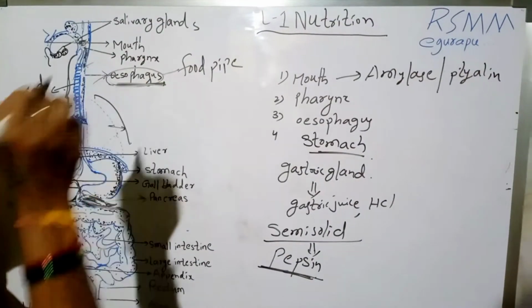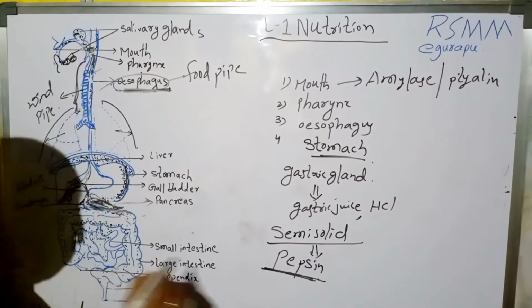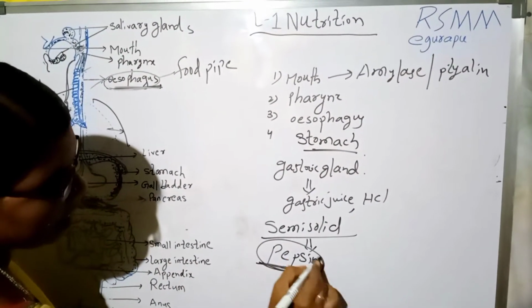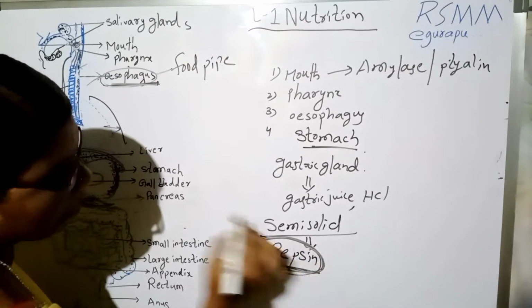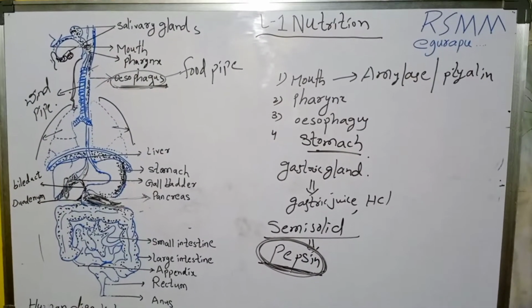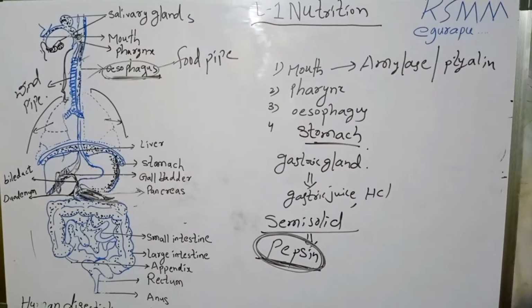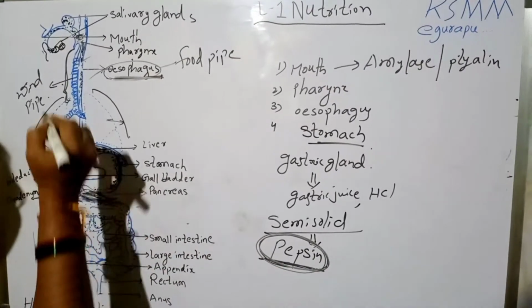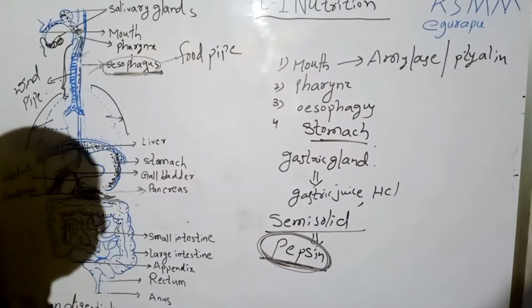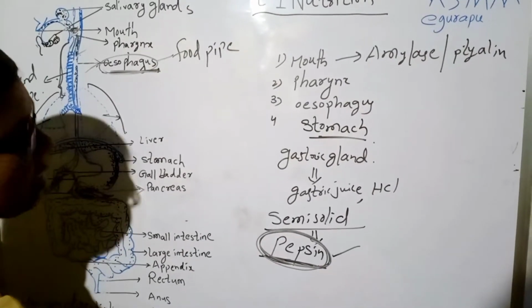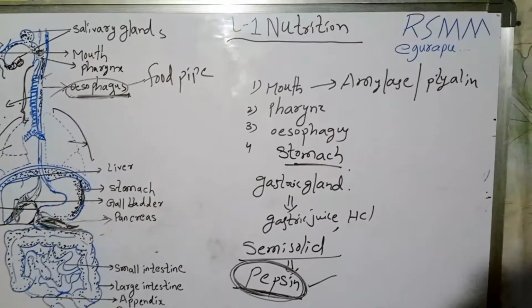And the esophagus contains no enzymes. In the stomach, one enzyme came, that is pepsin. What is the function of pepsin? The proteins which are present in food are broken down with the help of this enzyme.